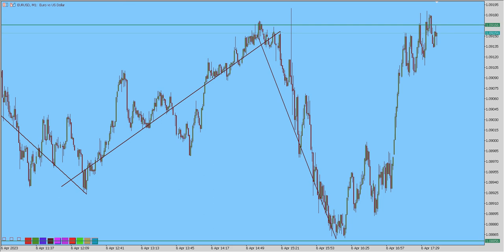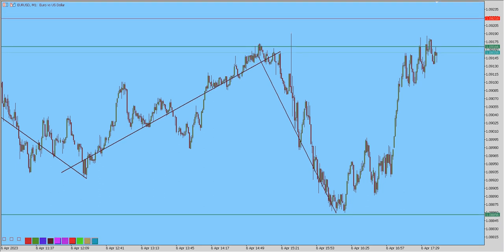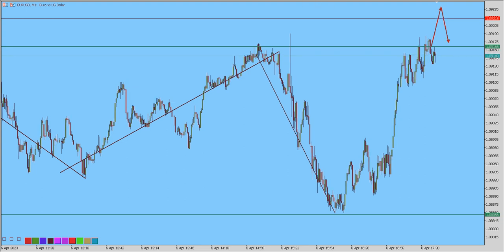Okay, so now here, if the price breaks through, if the price goes up, we have to wait until it comes back down, and here we can buy. Okay, I can't draw this.